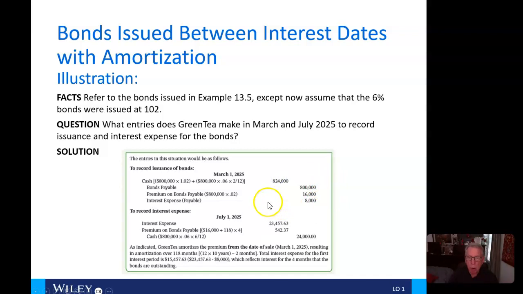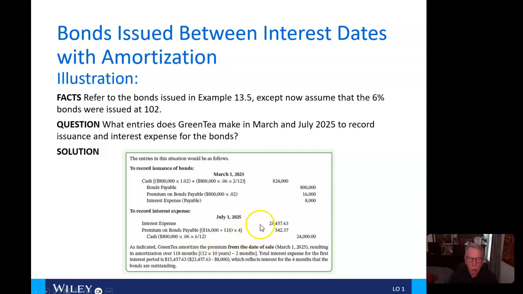The premium on bonds payable will be $16,000. And that's $800,000 times 2% here. And the interest payable, the interest expense payable, which is going to be a credit in this case, is $8,000.